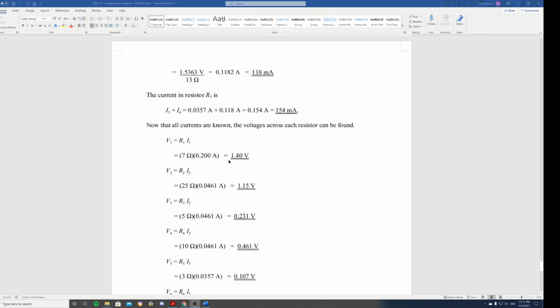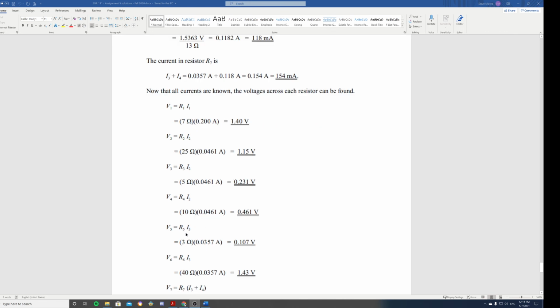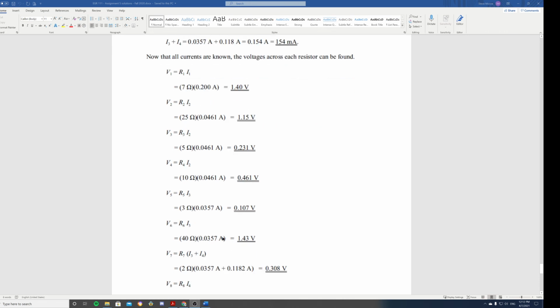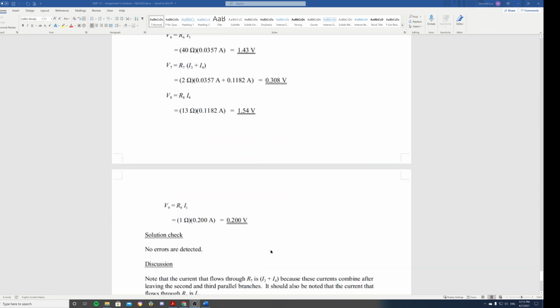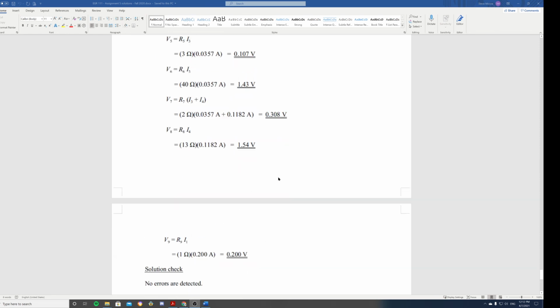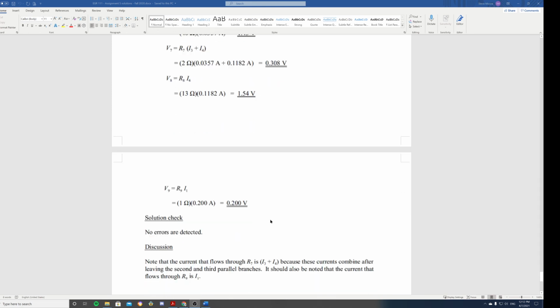So V1, V2, V3, V4, V5, V6, and V7, V8, and V9. Okay, so that's all it was. Just plugging in those currents, multiplying times the resistors, and you can solve for those. No errors detected, and like I said, this is how we figured out what the current through R7 was, and the current through R9.